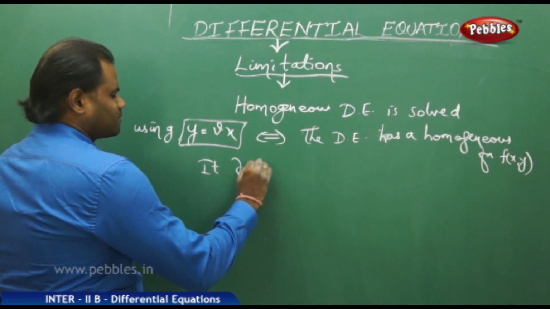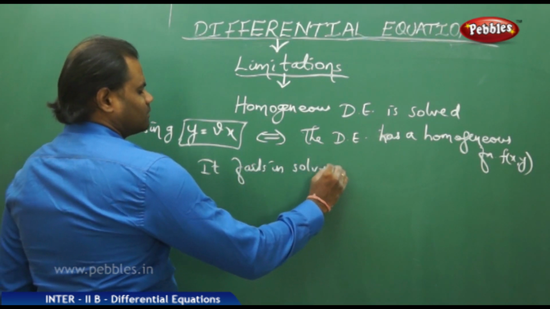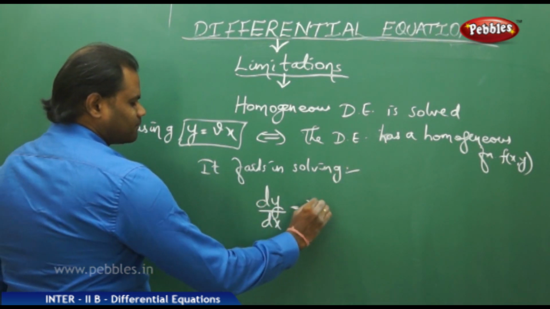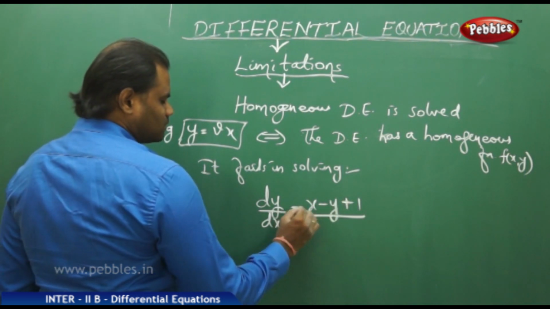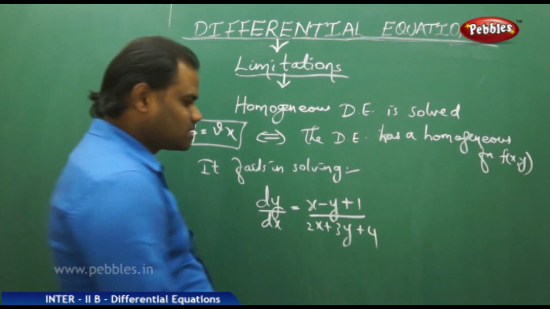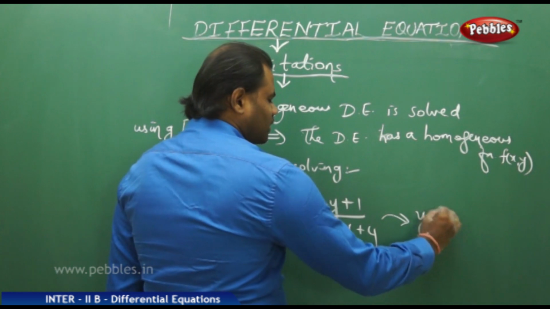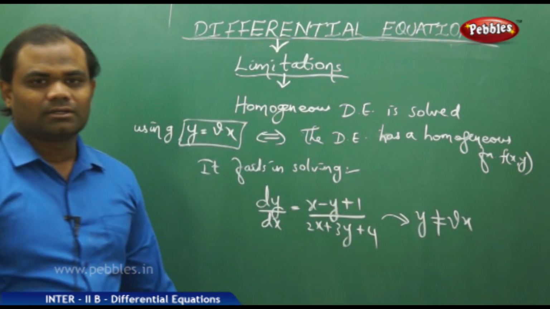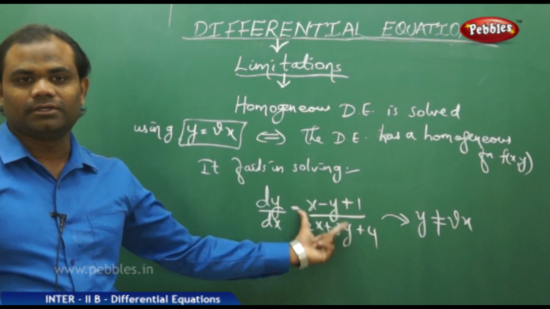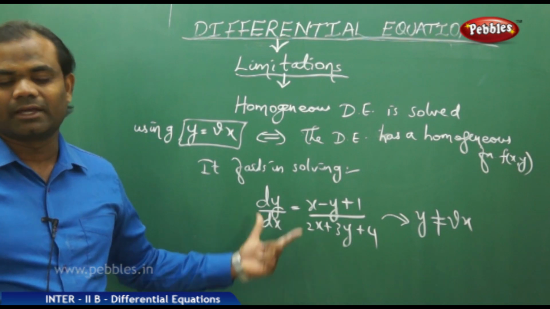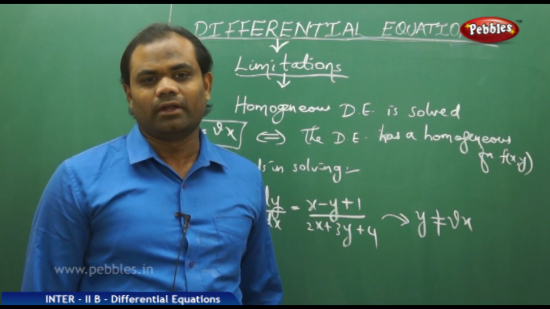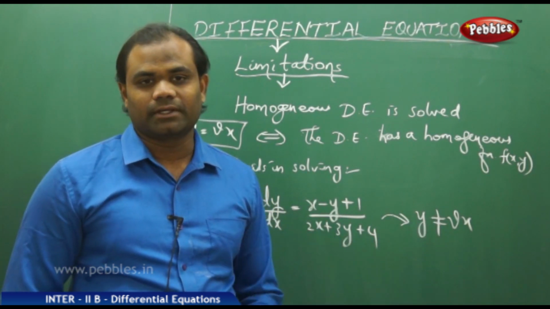It fails in solving non-homogeneous differential equations, say for example like x minus y plus 1 by 2x plus 3y plus 4, where in case of these kind of problems I cannot take y equals vx. This method will not help in solving the non-homogeneous differential equations, and hence it is limited only to homogeneous functions where I can solve using y equals vx.